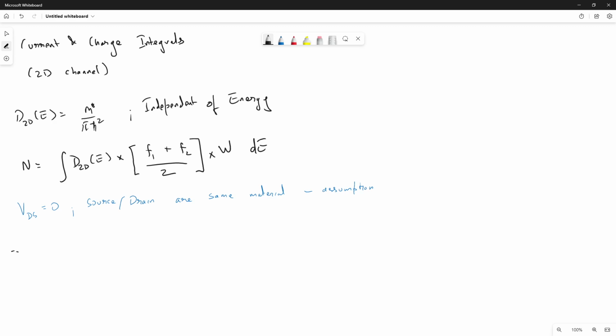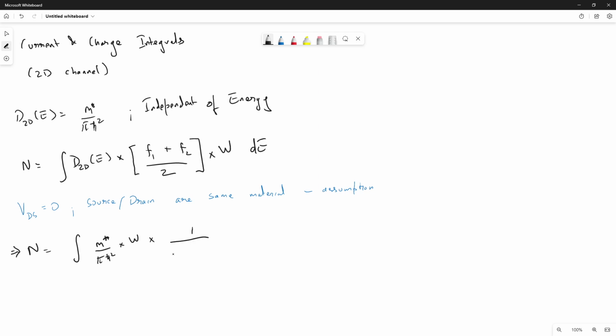N is now equal to the integral. Let me just substitute the value here: m star over pi h bar squared, into W, into the Fermi function. It will just be replaced by one Fermi function.